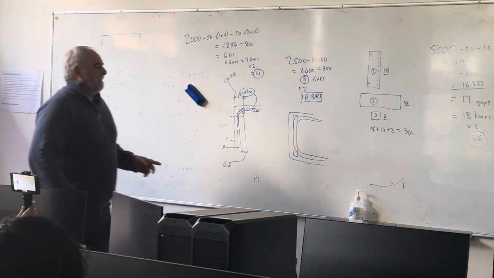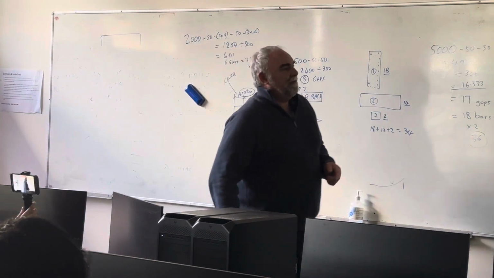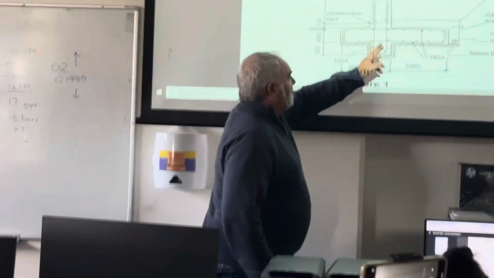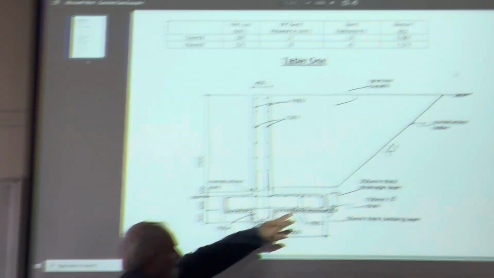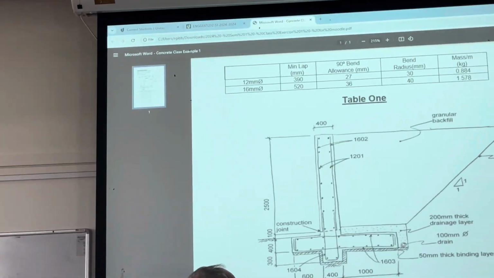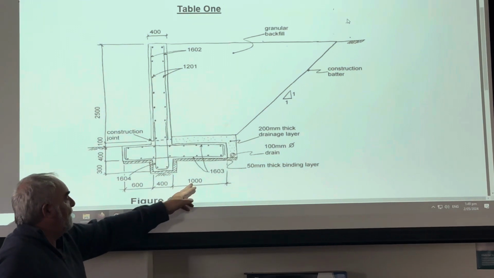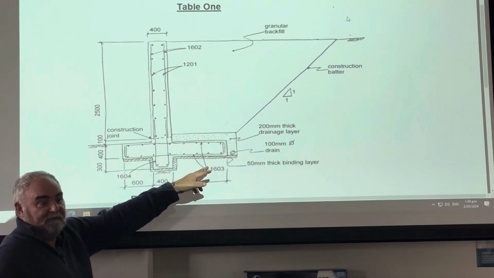So to calculate this bar and that bar isn't really that hard, because even though my sketch looks a bit wonky and wiggly, we know that they're both behind each other, and they're both going to be 2 meters minus 50 minus 50.